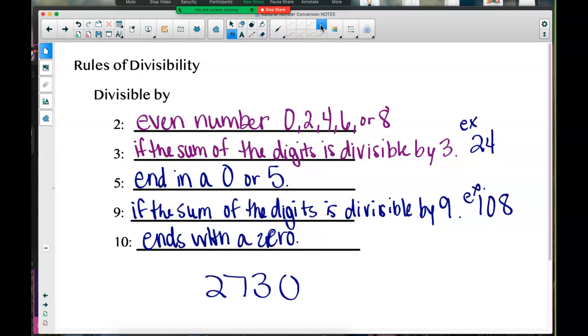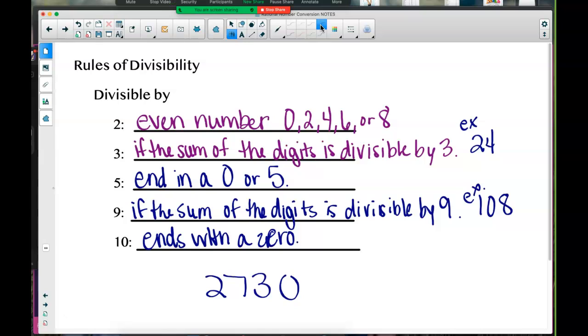Okay, so that's a quick, easy way. Now, obviously we don't have all the numbers listed, right? I skipped 4. I didn't worry about 4 because if you can divide by 2 and then you can divide by 2 again, we would just do 2. I skipped 6 because 2 times 3 is 6. So we really just need to check those. Okay. 7, you just have to check. 7 is a tricky one.